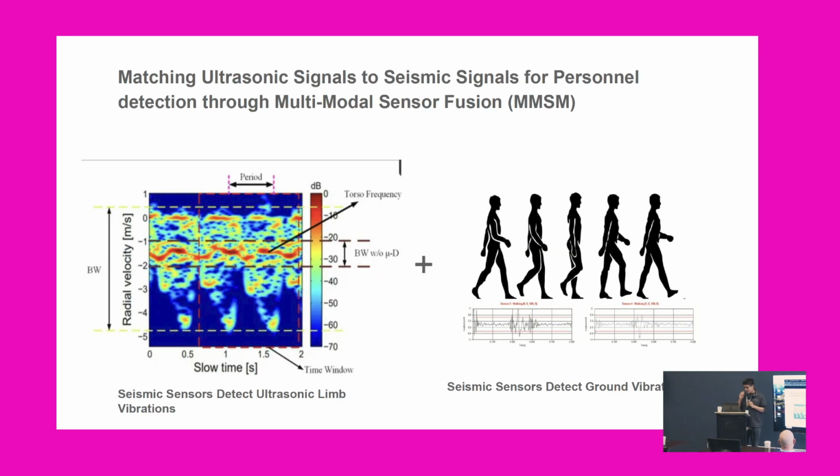Just a little bit into the background of where multimodality was first applied: things like multimodal sensor fusion. On the left, you have an image of an ultrasonic sensor, which uses ultrasonic micro-Doppler, and you can think of it as an ultrasonic radar.